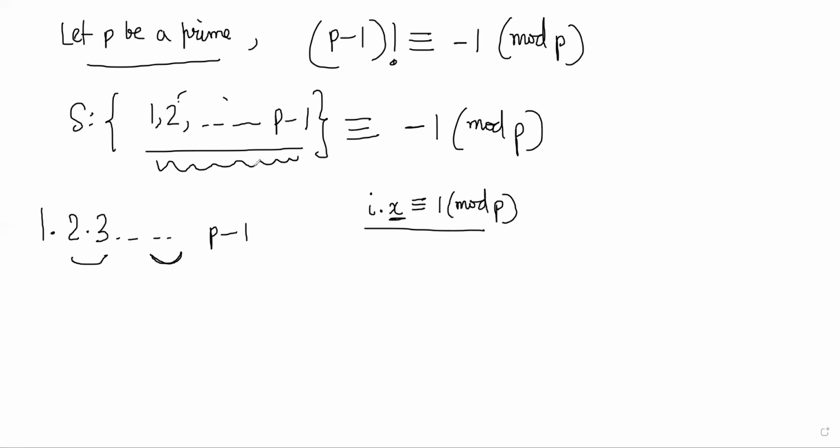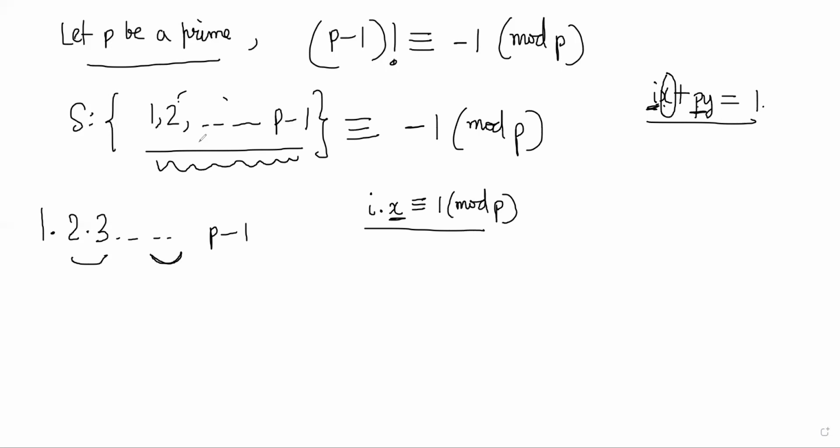That X will lie in this set is also guaranteed because we have Ix plus Py is equal to 1, because I and P are co-prime. So there is an X, and that X is going to be in the set, because this set contains all the possible remainders.